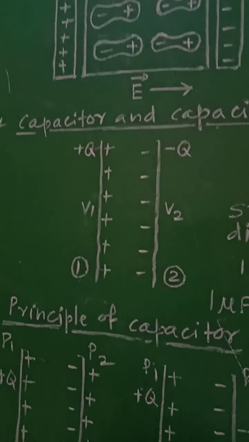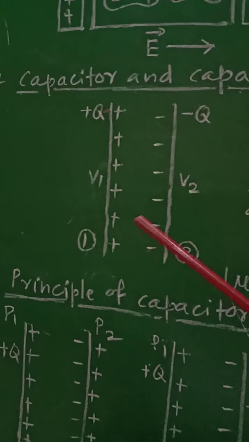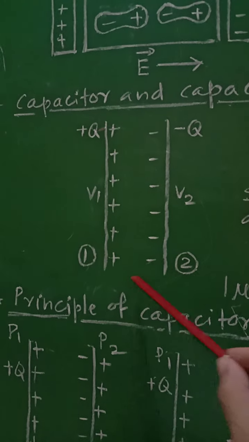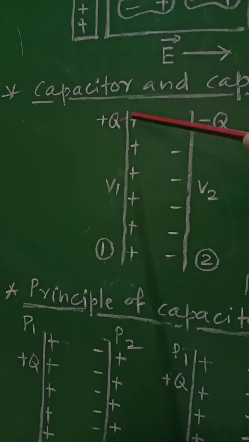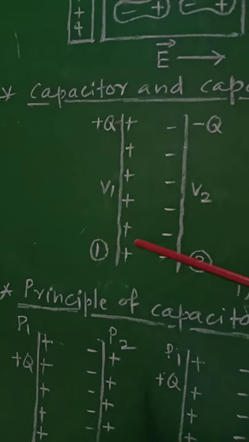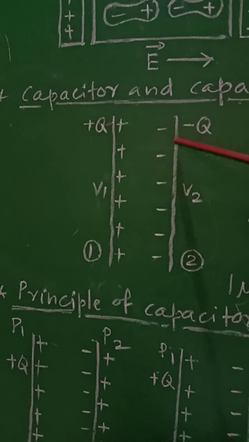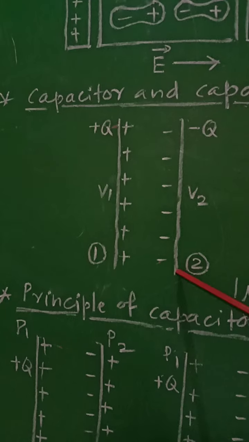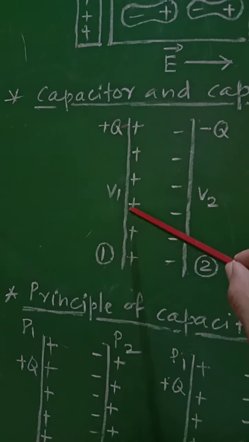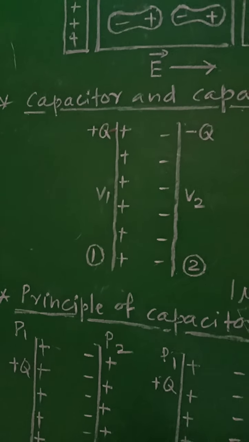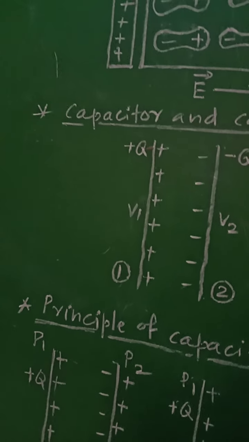So in this diagram there are two conducting plates 1 and 2 which are separated by some distance. The plus q charge is directly given to this first plate. At that time the negative charge will be induced on the inner side of this second plate, so that V1 is the potential of this first plate and V2 is the potential of the second plate.